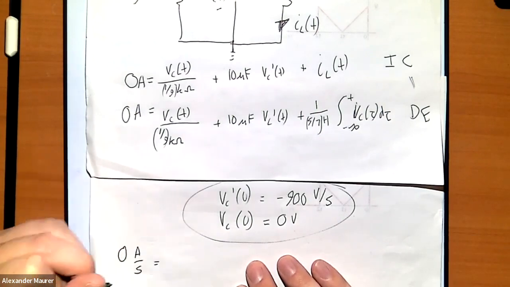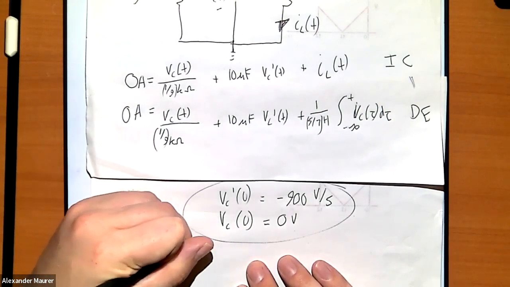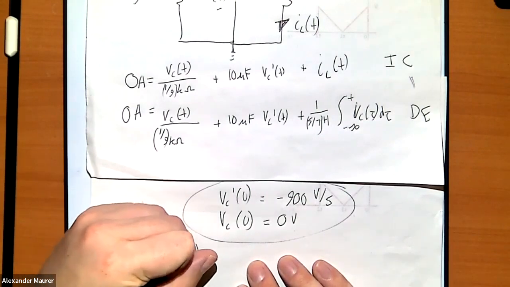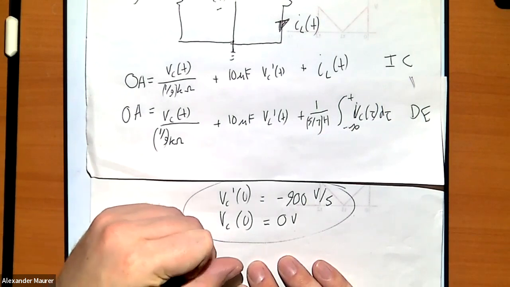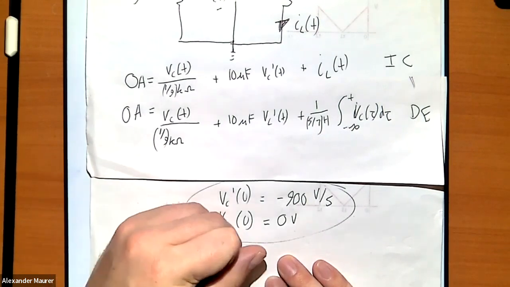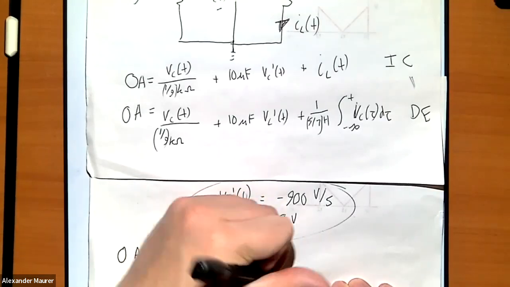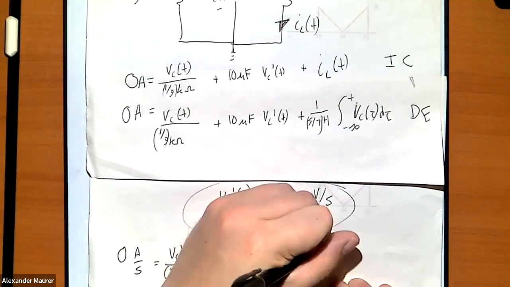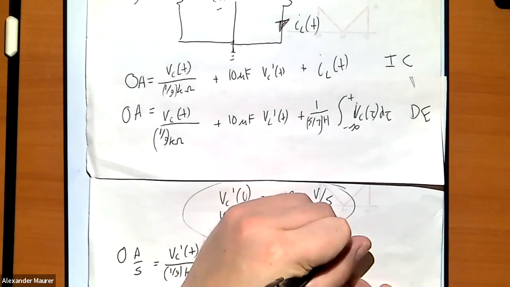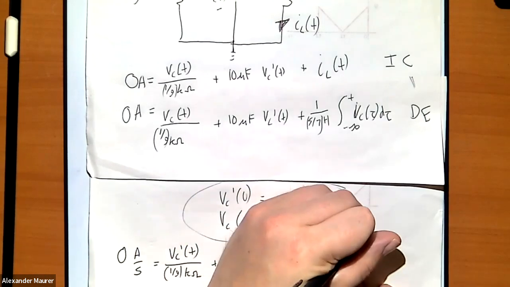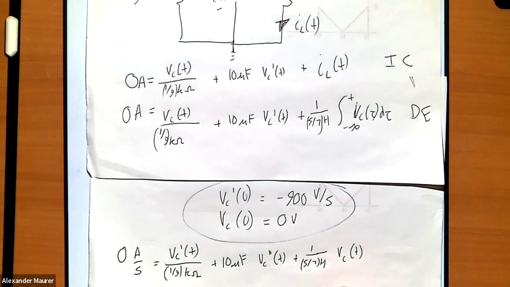So 0 amperes per second is VC prime of t over 1/9 of a kilo ohm plus 10 microfarads VC double prime of t plus 1 over 5/7 henries VC of t. We'll rearrange the terms. We'll divide the 10 microfarads over.